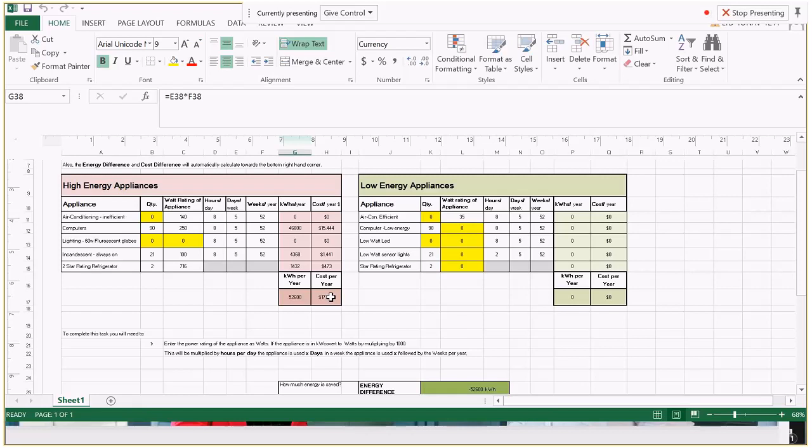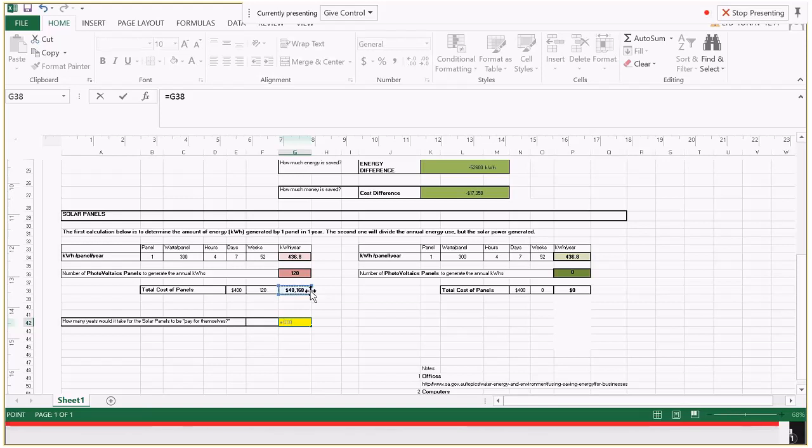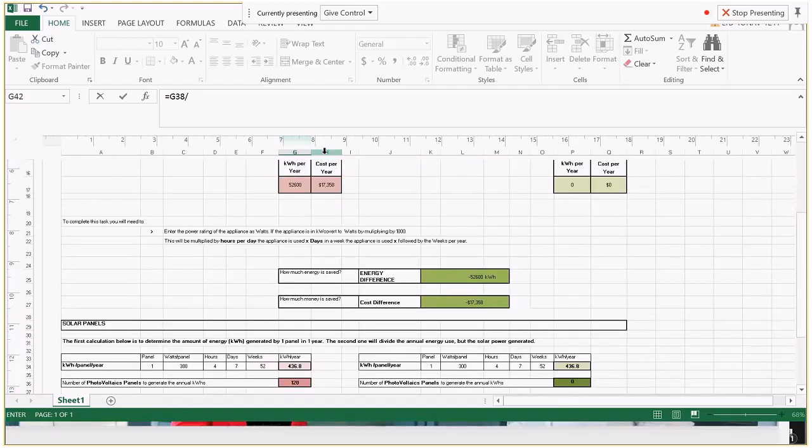Obviously, if it costs me $100 to buy solar panels and $20 a year of electricity, it'll take 5 years to pay for the solar panels. Pretty simple equation. I haven't given you that answer, but you could go equals that cell, divided by that cell.